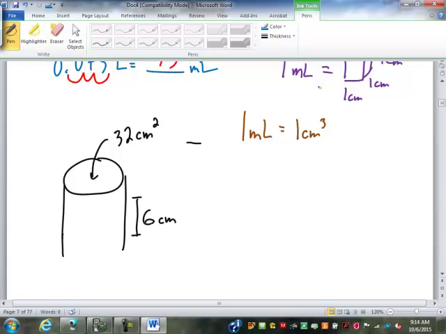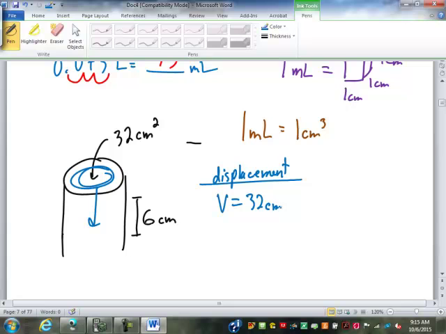So the volume of this, the displacement of a cylinder is just a volume. It's going to be the area of the piston head times the distance that it moves. So 32 centimeters squared times 6 centimeters. What is that, 192 centimeters cubed?